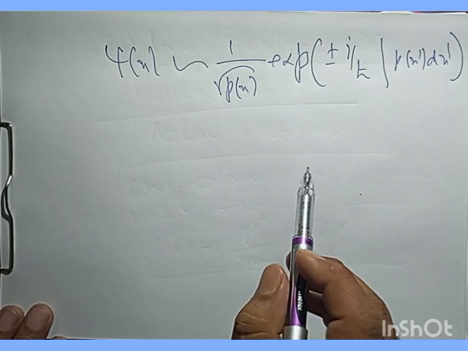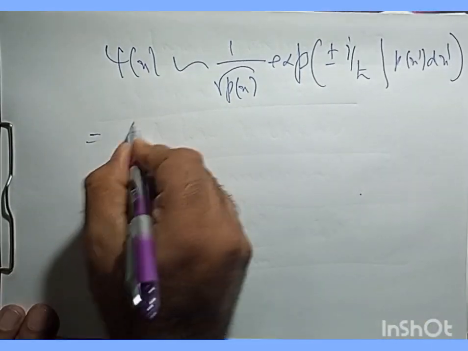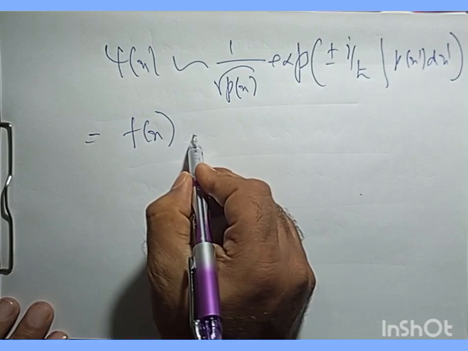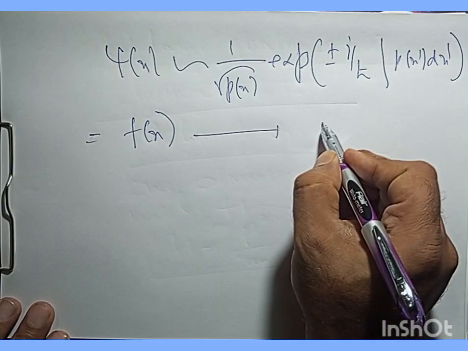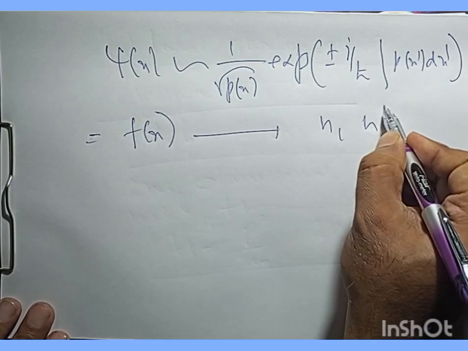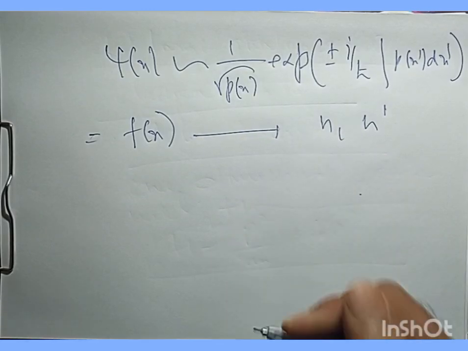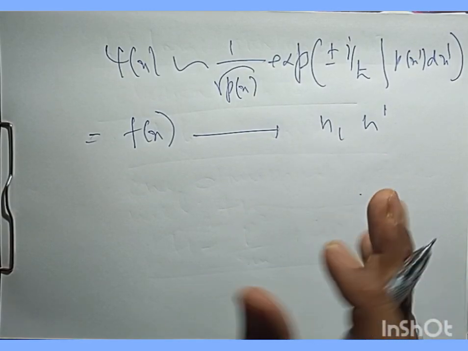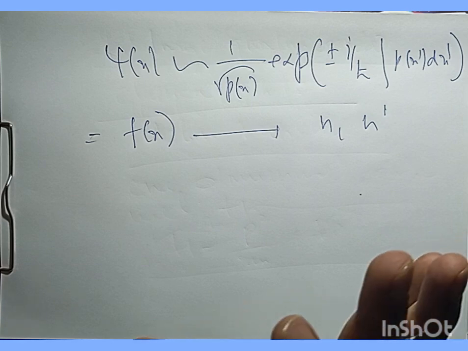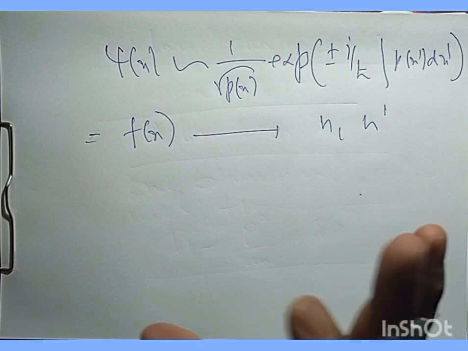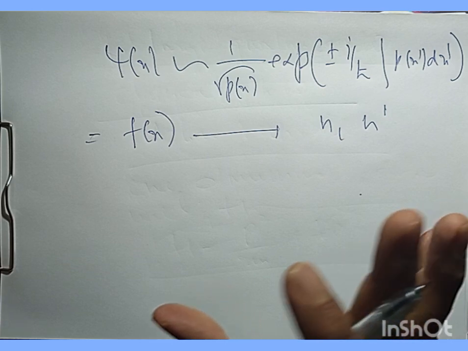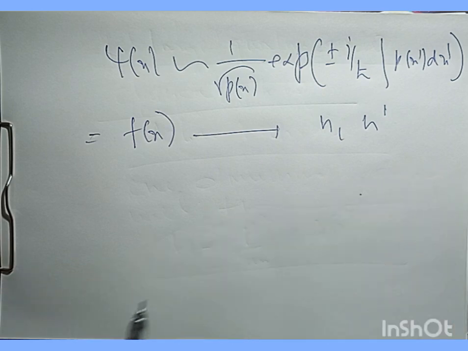And the matrix element for an operator f of x between the two states, the state n and the state n dash, can be approximated in a quasi-classical limit. It can be approximated as an integral over the classical coordinates.